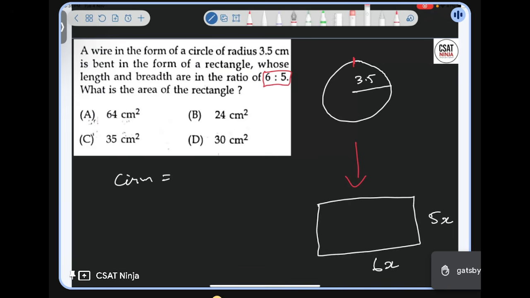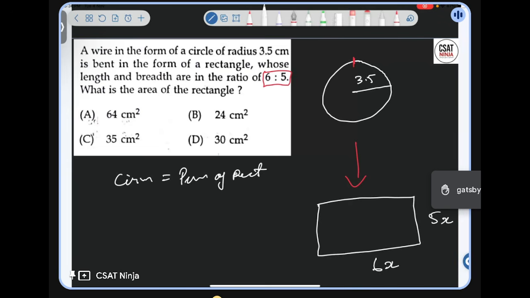So the circumference of a circle is equal to the perimeter of a rectangle.